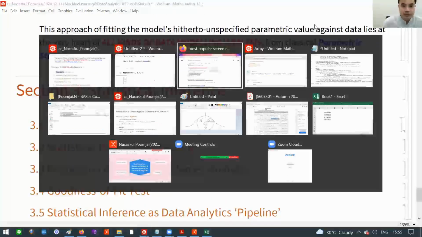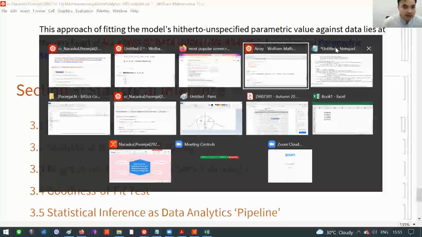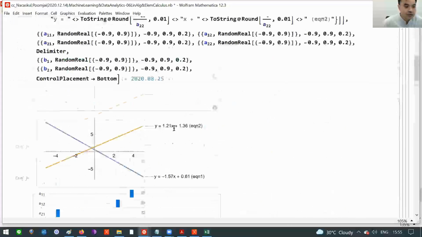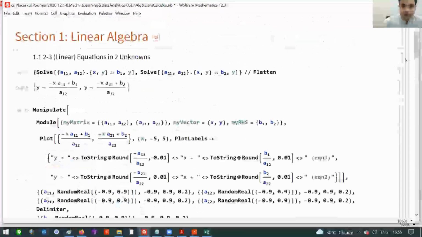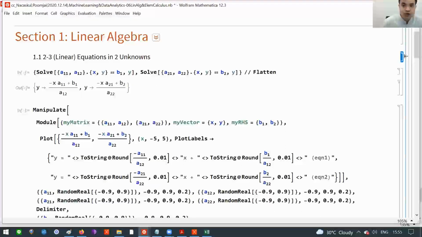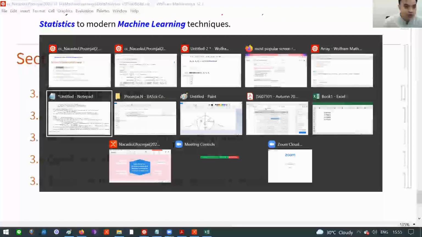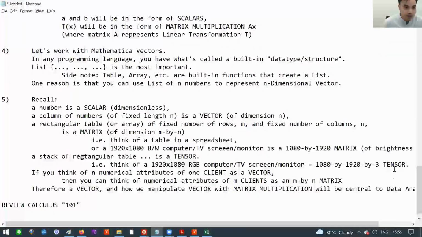You guys have my mathematical notebook, correct? So read ahead to know that. Well, first of all, let's do the matrix multiplication.